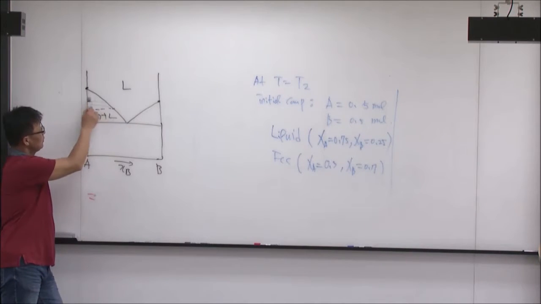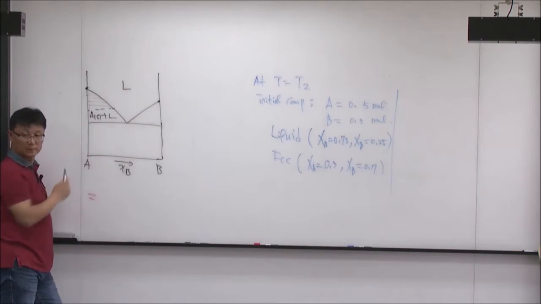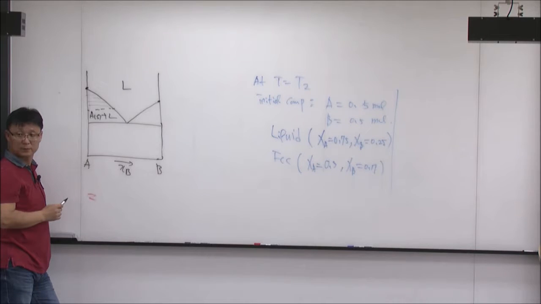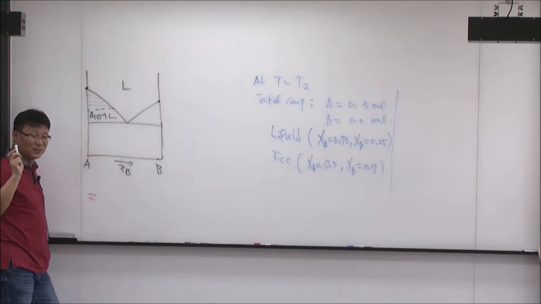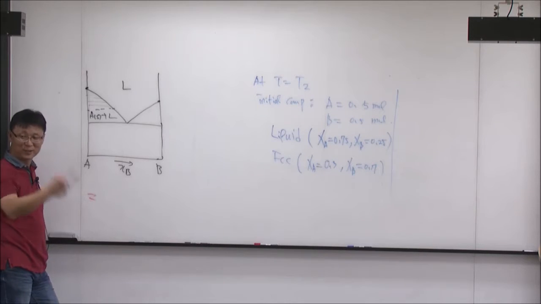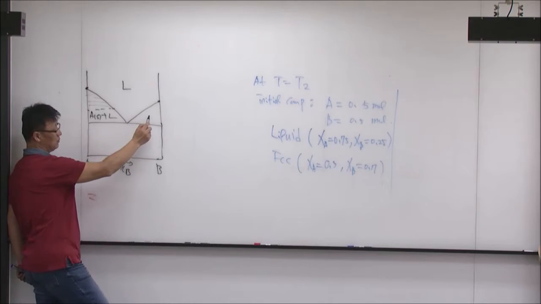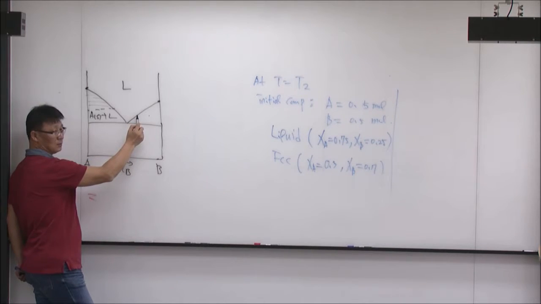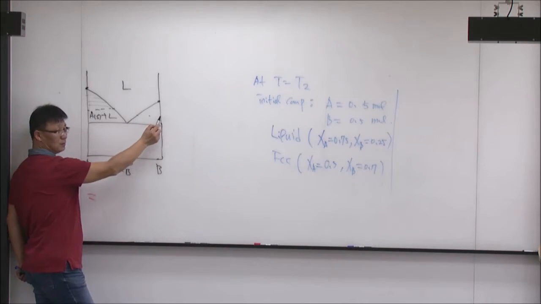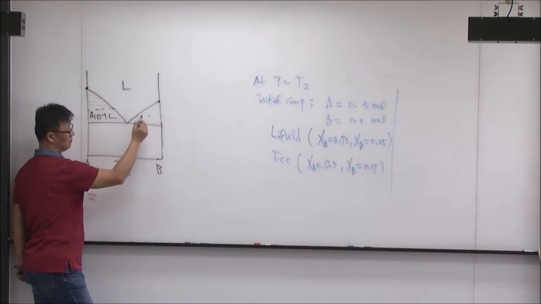Entire this range, same, yeah? You good? You have to know how to read the phase diagram. Otherwise, forget about your midterm and the final exam. Okay? This one, right side, B solid, yeah?